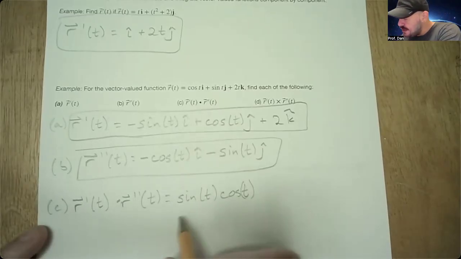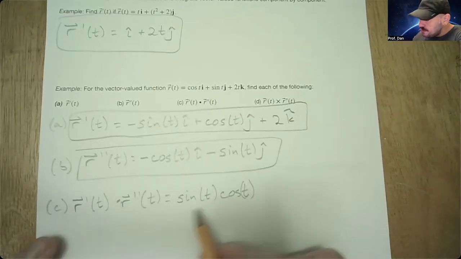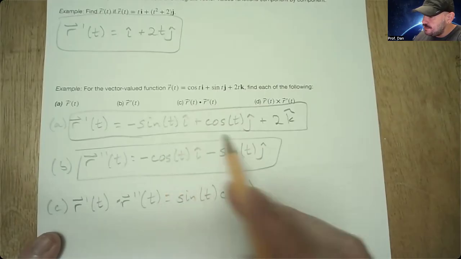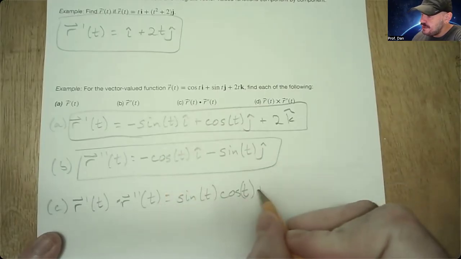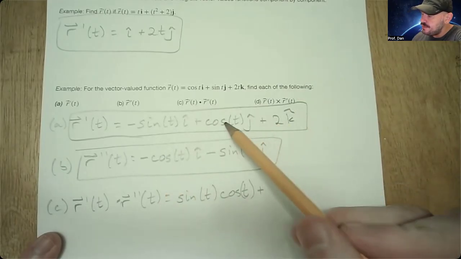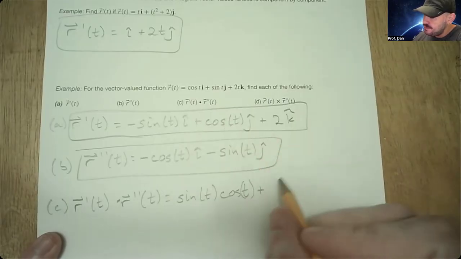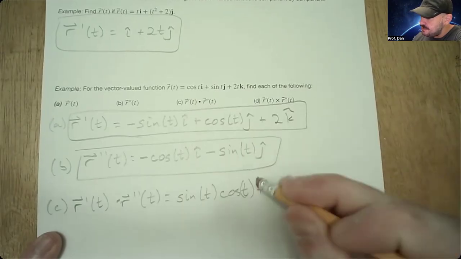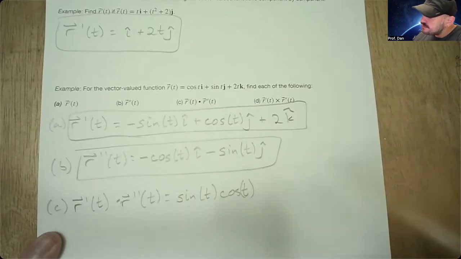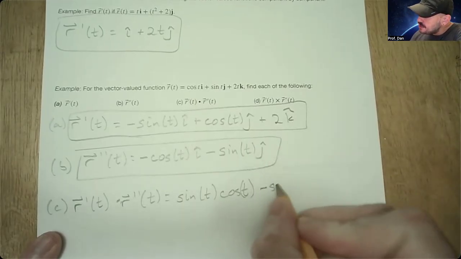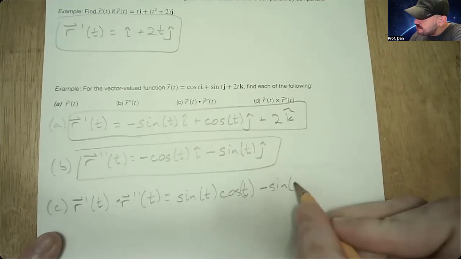So with that said, plus, then we multiply cosine of t times negative sine of t, which is going to end up giving us minus sine of t cosine of t.